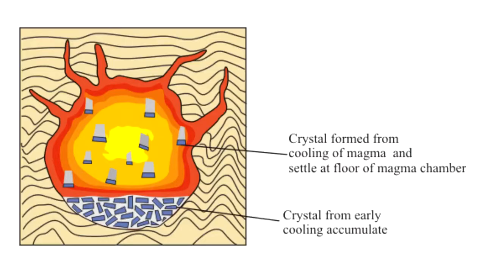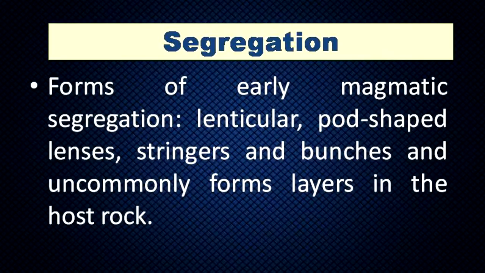Now segregation takes place by sinking of heavy, early formed crystals to the lower part of the magma chamber. The lower part of the magma chamber is the bottom of the magma chamber, and forms early magmatic segregation. They are mostly in the form of lenticular shape or pod shaped lenses or stringers and bunches, and uncommonly form layers in the host rock.